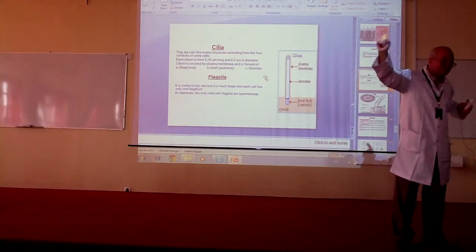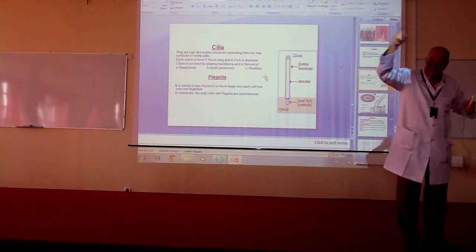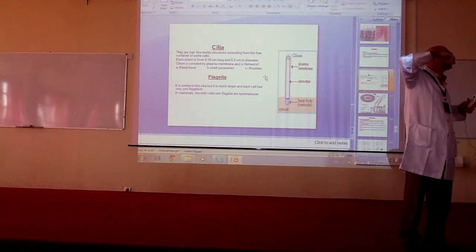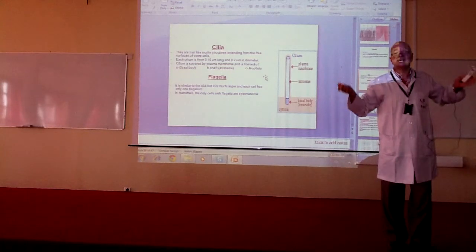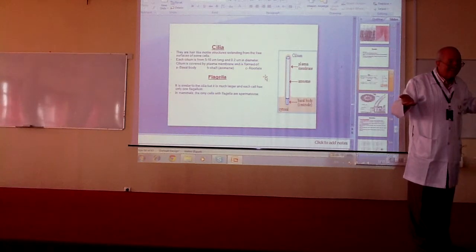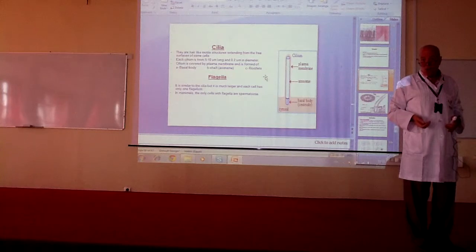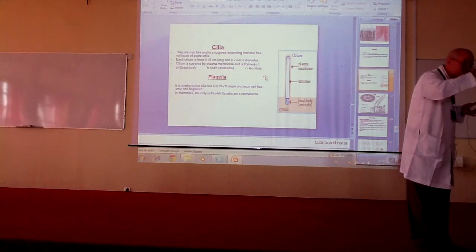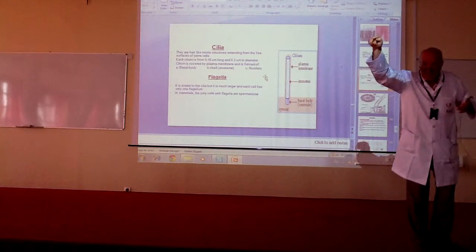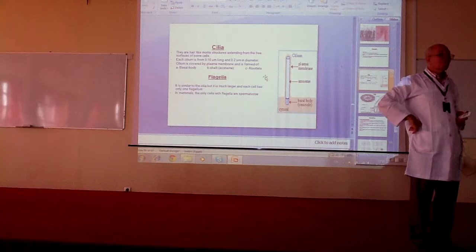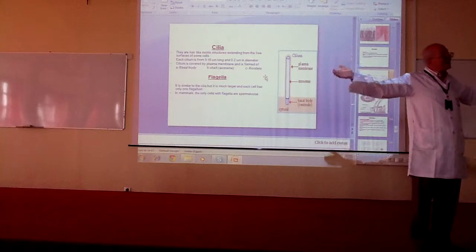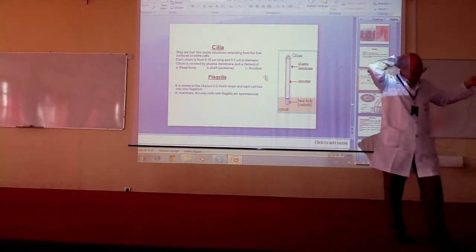The flagellum of the sperm has the structure of the cilium, so the flagellum will not move. What do we mean by infertility? He cannot get a baby from his wife. Why? The sperm has to move from the vagina to the uterus to the fallopian tube to fertilize the ovum. What do we call him? Infertile.